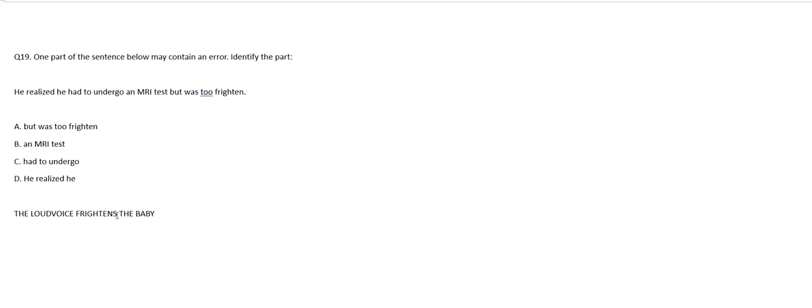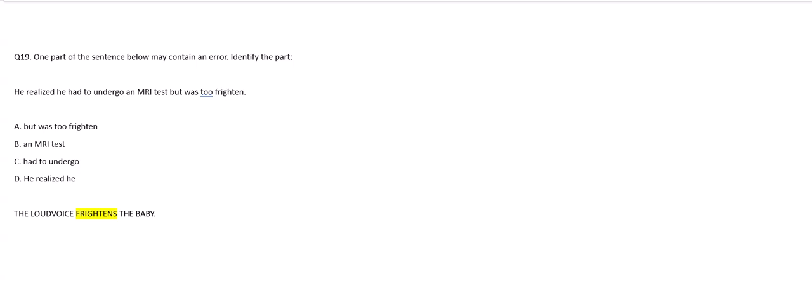Here, frightens is a verb, right? The loud voice frightens the baby, which is a verb form. Whenever we use it in the sense of a verb, we go with frightens.